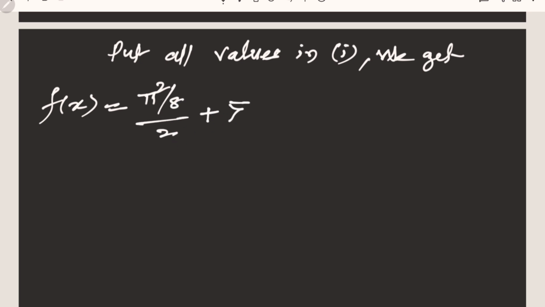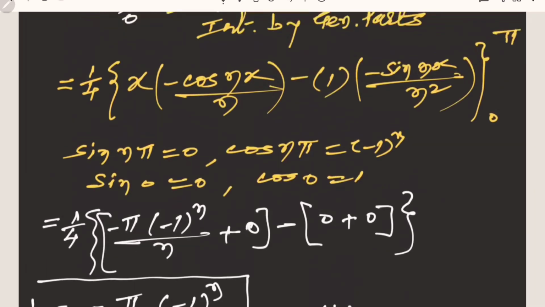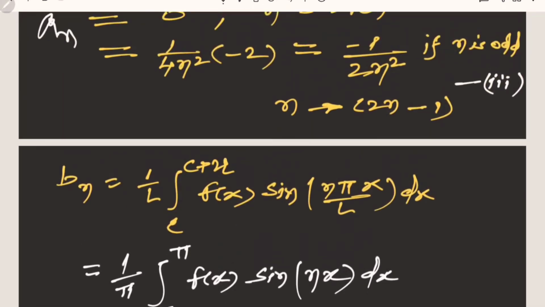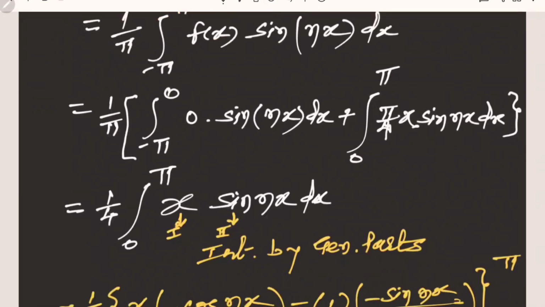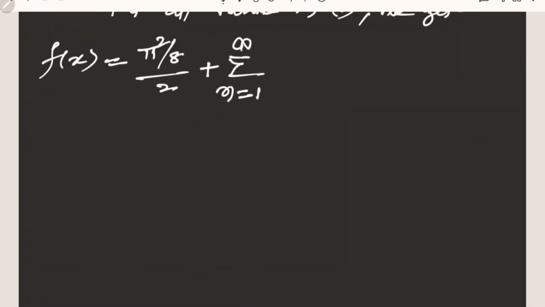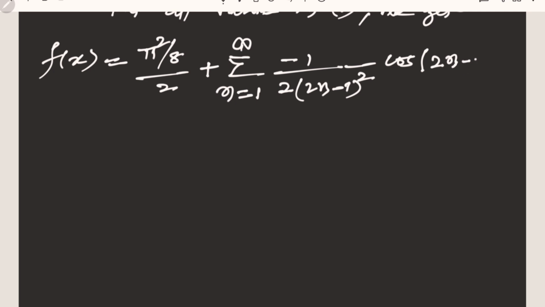a0 is π²/8 divided by 2. Summation from n equal to 1 to infinity. Value exists for odd, and therefore while substituting it, we have to replace n by 2n-1. We have -1/2 times n² means (2n-1) whole square, replacing n by 2n-1, and again cos of (2n-1)x.